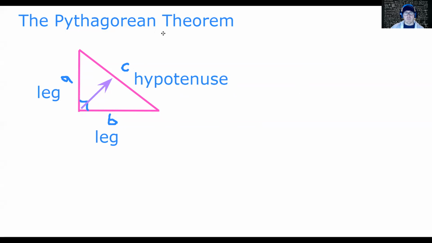So our actual formula is side length A to the second power plus side length B to the second power is going to be equal to the hypotenuse raised to the second power. So we've already practiced how to use our calculators and devices to do the power of 2. And from here on, if I say the term squared, that is the nickname.